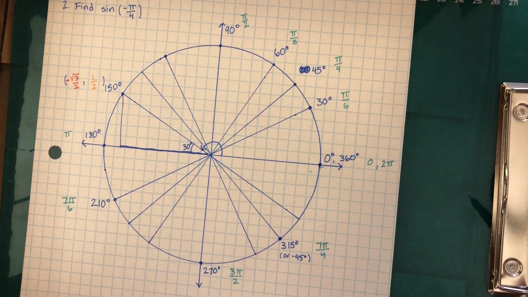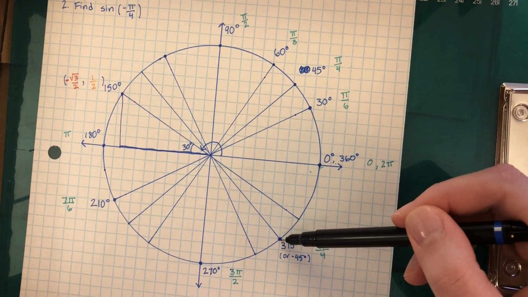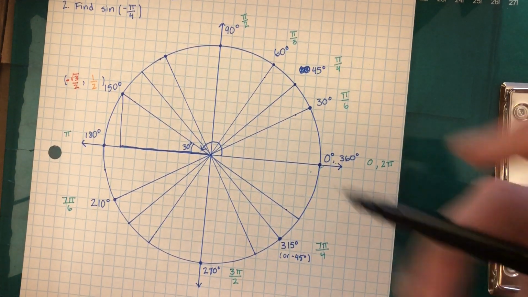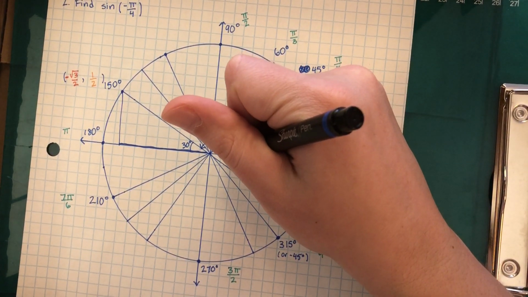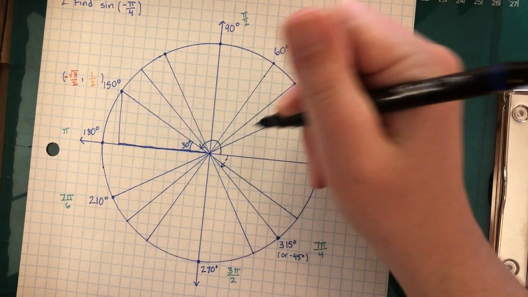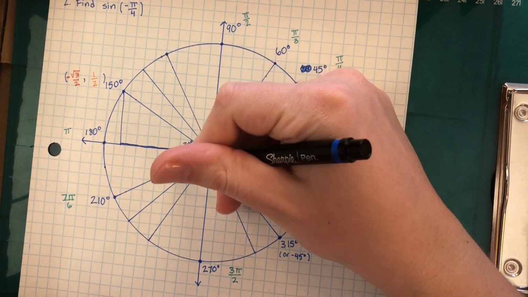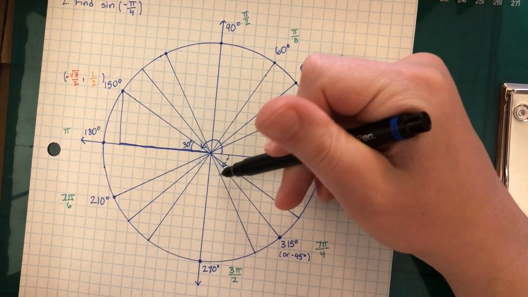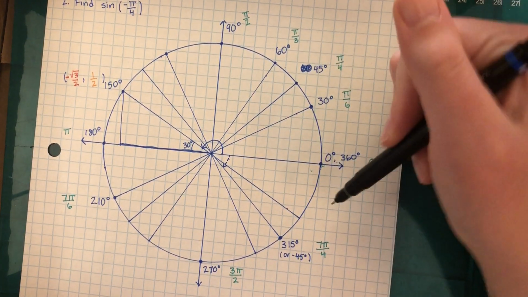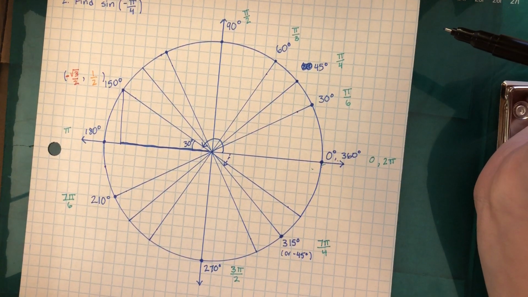So I want to figure out what the sine of this angle is. I could think about the angle as being negative pi over 4, or I could start from the positive x-axis and go counterclockwise, and it would be positive 7 pi over 4, or positive 315 degrees.